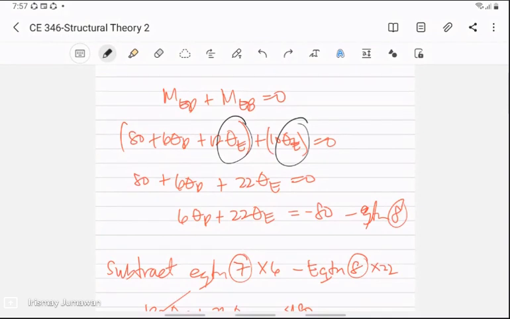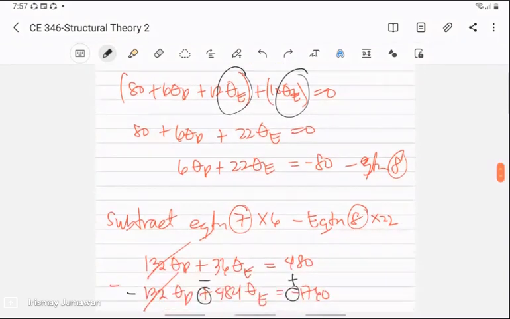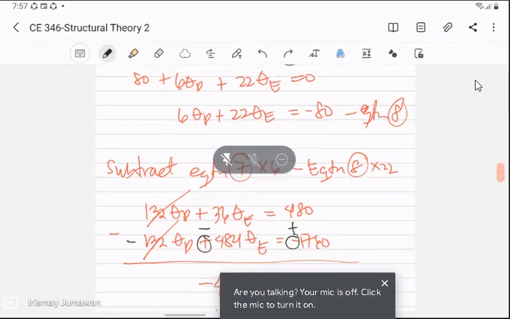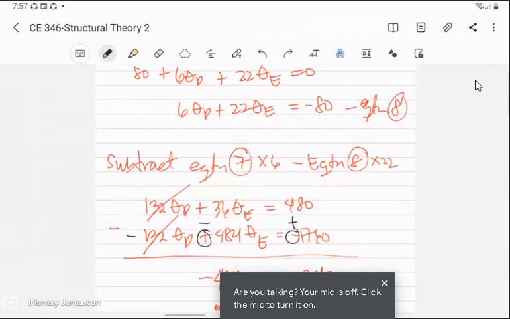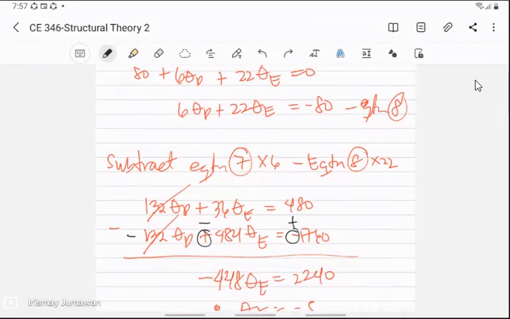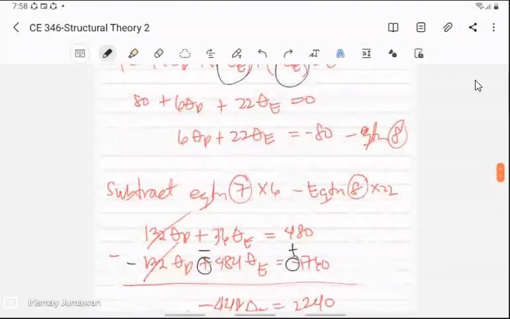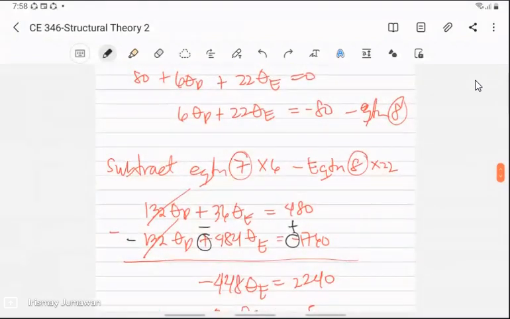What I eliminate is theta D. So I multiply equation 7 by 6 and equation 8 by 22. I have this equation: 132 theta D plus 360 theta E is 480, minus 132 theta D plus 484 theta E is equal to negative 1760. So you multiply equation 7 by 6 and equation 8 by 22.